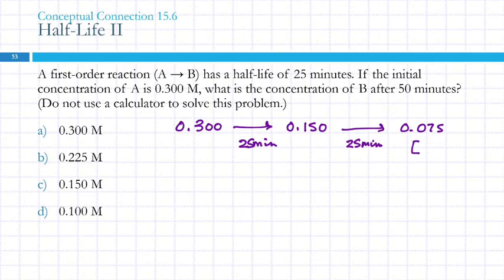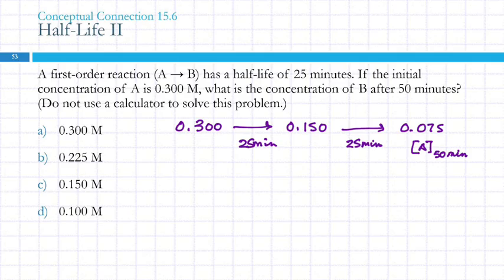This is the concentration of A at 50 minutes. What is the question asking us? What's the concentration of B? So I started with 0.3 molar A, and now I've got this much left. What happened to the stuff that disappeared?